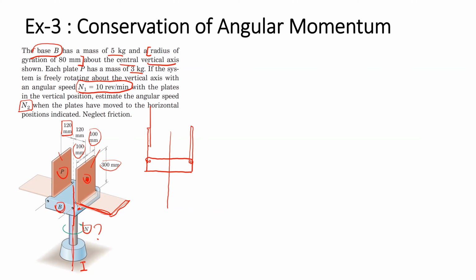At the initial condition, the plate lies in the vertical direction like this, but at the final state, it's flipped to the final orientation like this. What happens is it changes the rotational speed from N1 to N2. Why does it need to change the rotational speed?